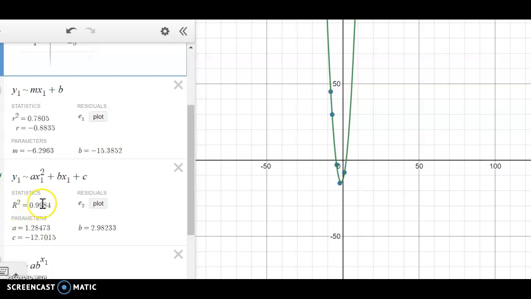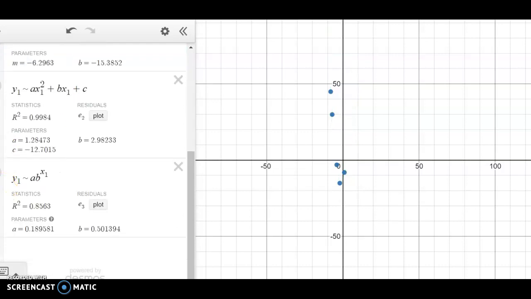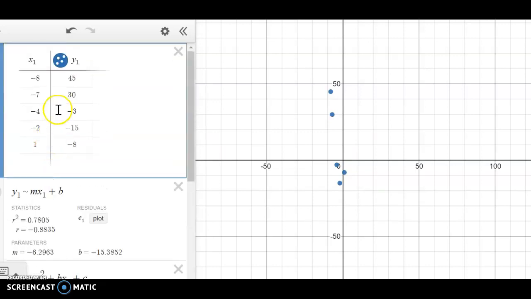Here is 0.99, 84%, and 0.85. So my best is the quadratic. Let me look at something. -8, 45, -7, 30, -4, -3, -2, -15, 1. Oh, sorry. That should have been 18.